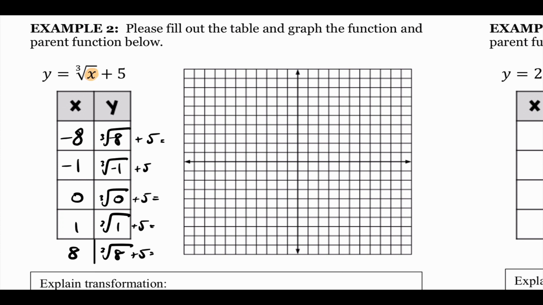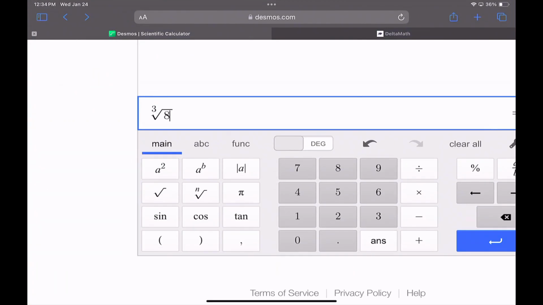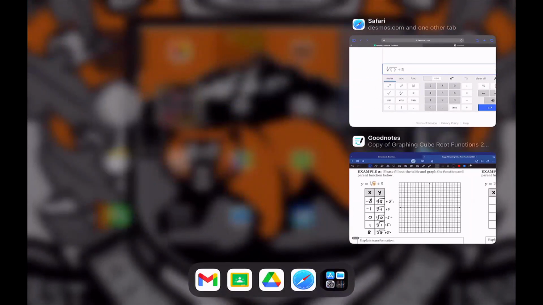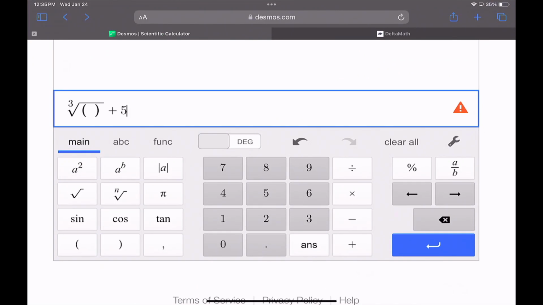So when I plug in -8, well, first of all, let me go build this guy. This is where I'm going to plug it in, and on the outside is a +5. First number I'm going to plug in was -8. 3. Next number was -1. 4.